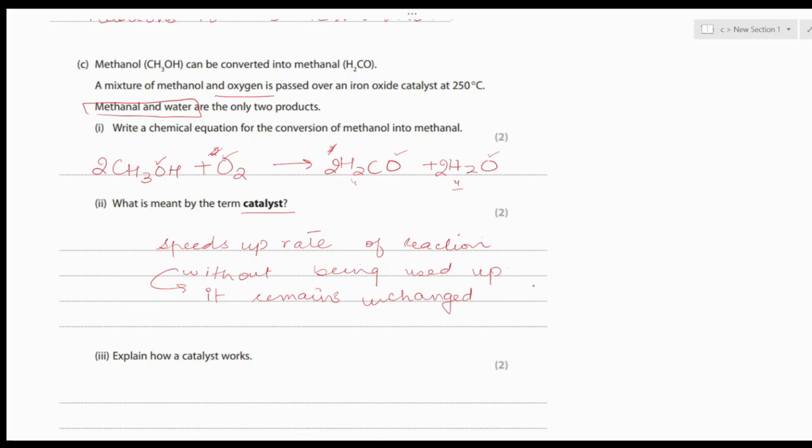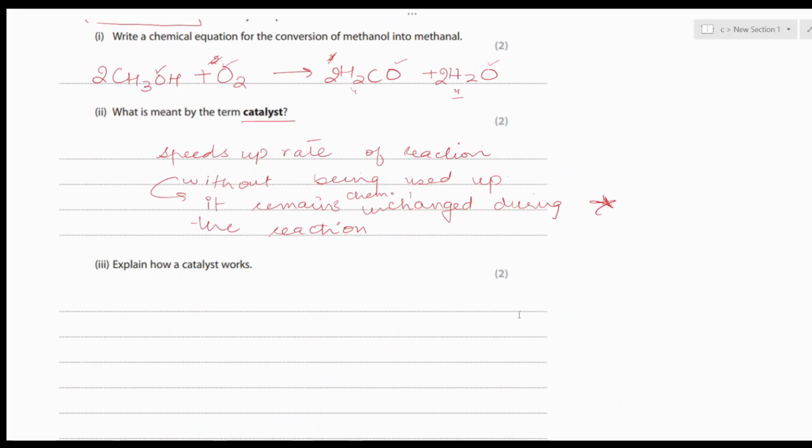This one is a more appropriate explanation according to chemistry. Or you can also write it remains chemically unchanged during the reaction, because it can physically change, but chemically it would remain the same.